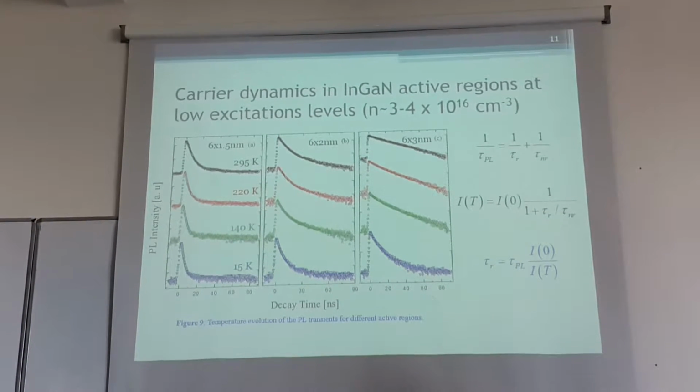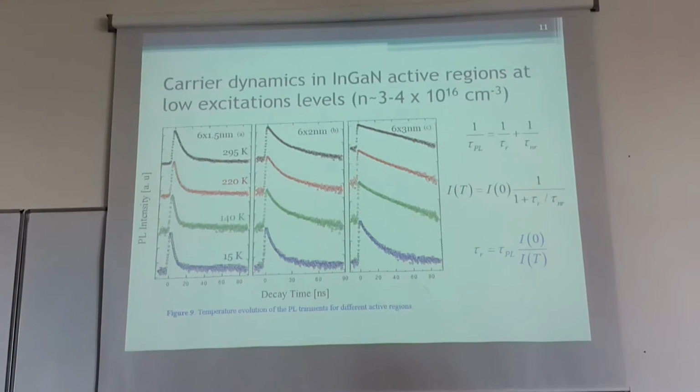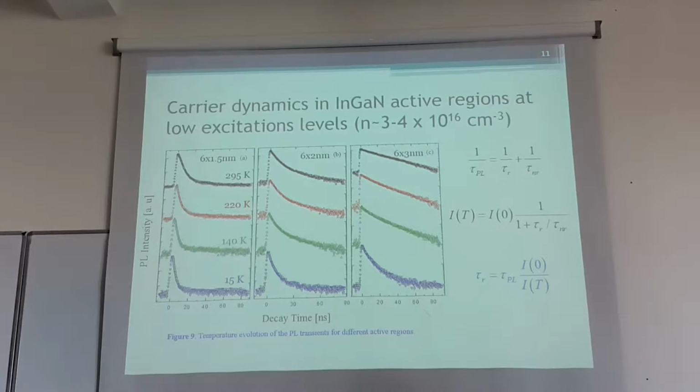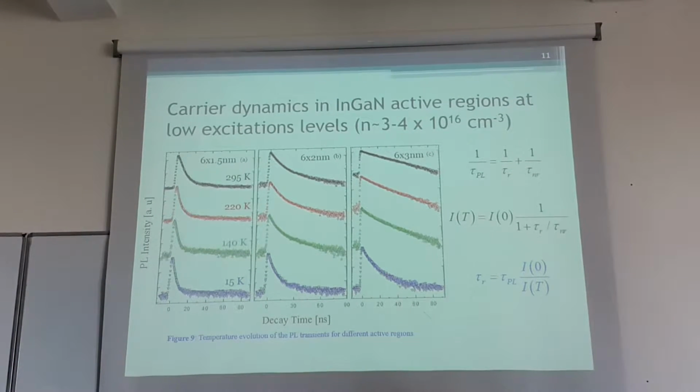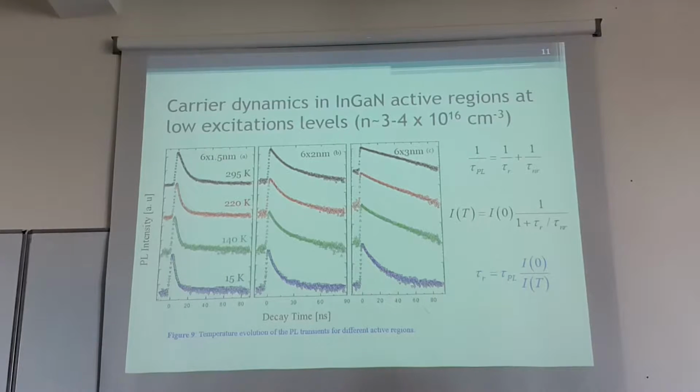If we do temperature dependent photoluminescence, and temperature dependent time resolved photoluminescence measurements, fitting this, we can obtain PL lifetimes. So comparing these results, we can obtain radiative time constant.